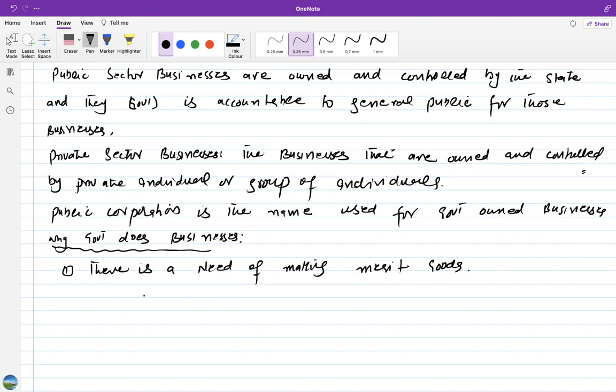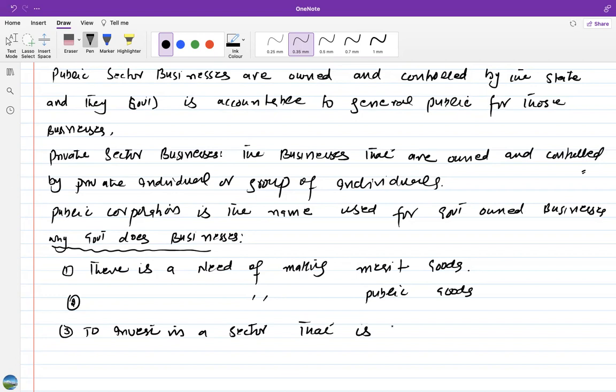There is a need of making public goods that are being ignored by the private sector because private sector is not finding them profitable, or to invest in a sector that is being ignored by the private sector.